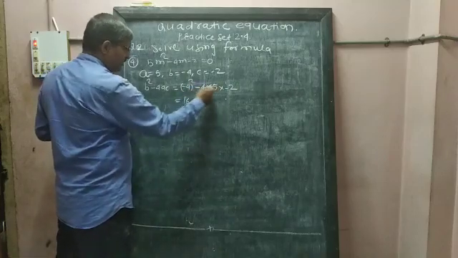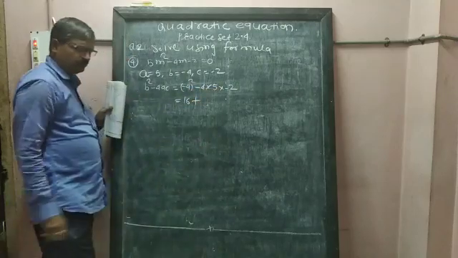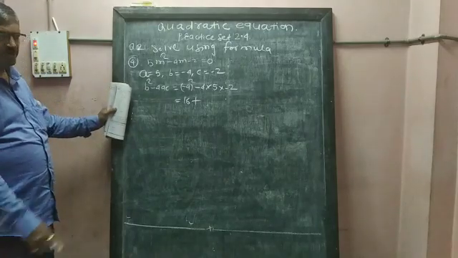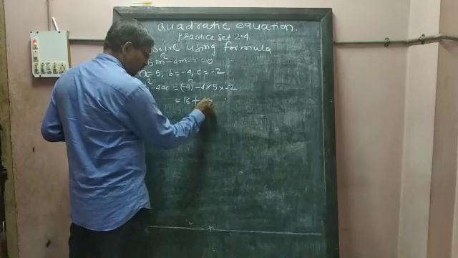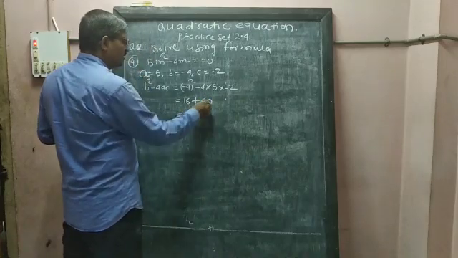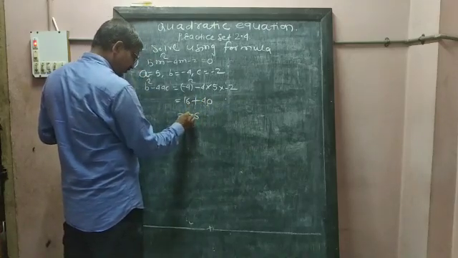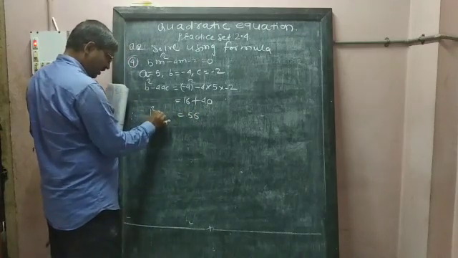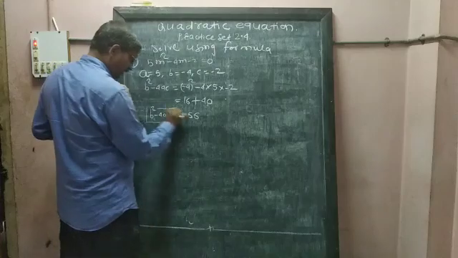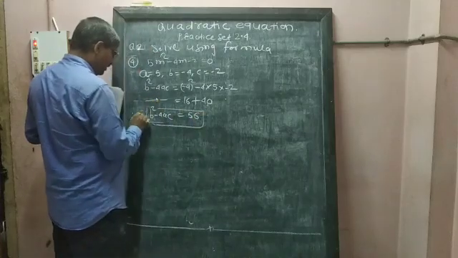Here two negatives, negative into negative, becomes positive. So 4 5s are 20, 2 2s are 40. Thus here you will get 56. b square minus 4ac is equal to 56.